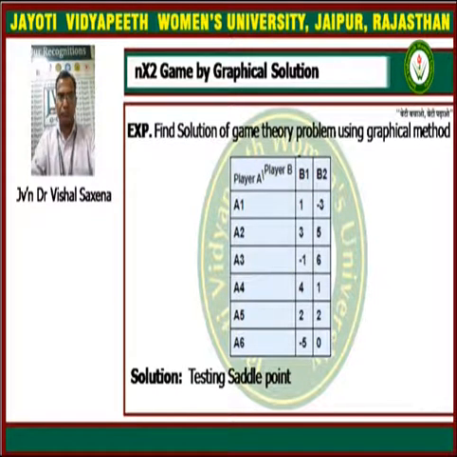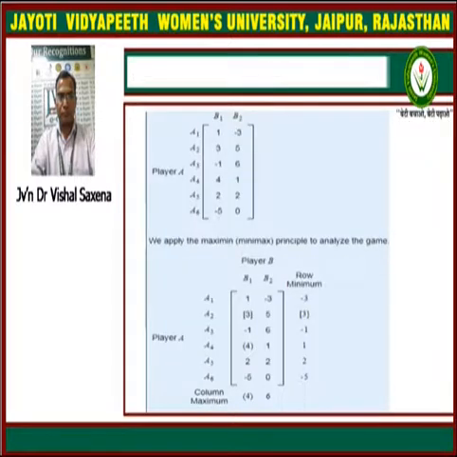First of all we will find the saddle point, testing for the saddle point. The payoff matrix is given for player A and player B, and first of all we have to find the row minimum and the column maximum values, to find whether the saddle point exists or not.